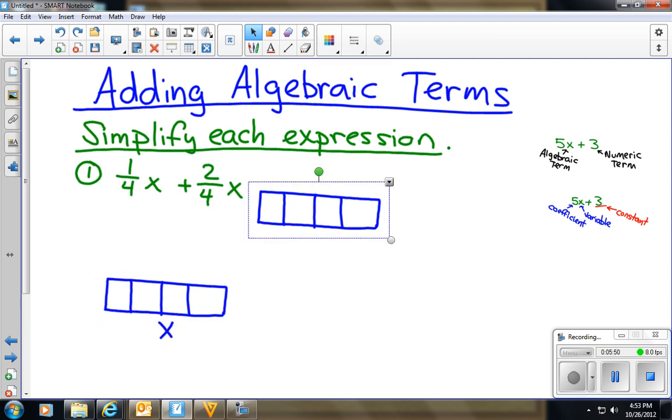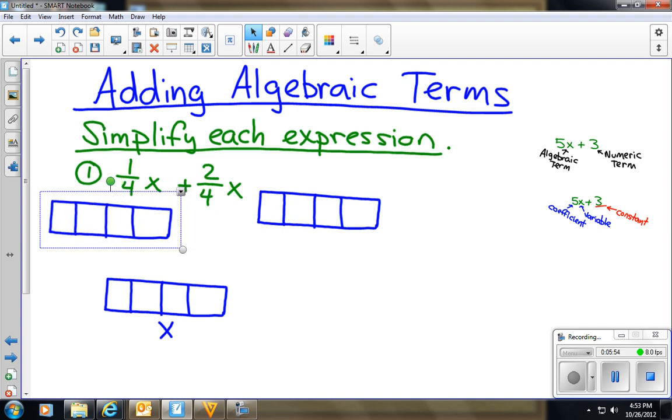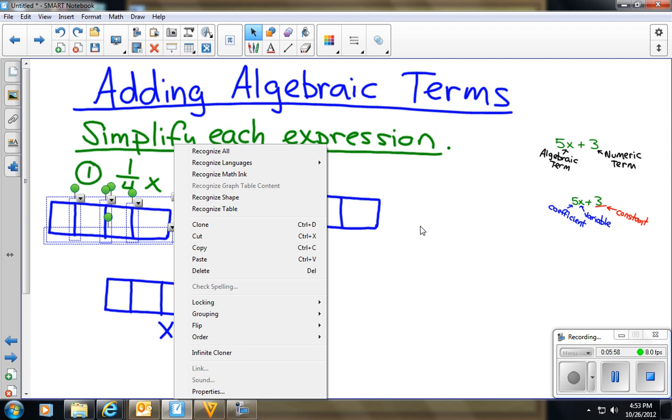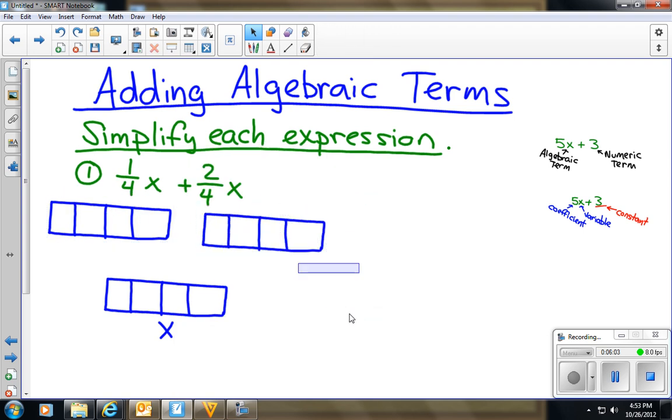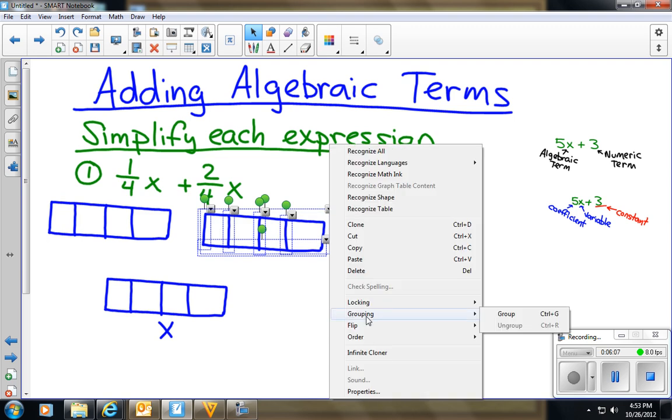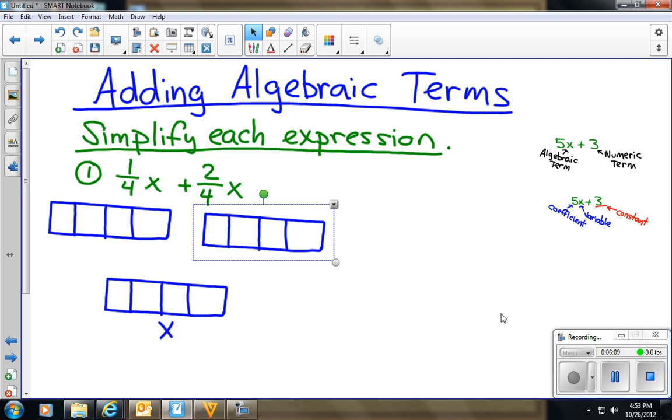Now, if I take these two bars, right here and right here, all right, if I take my two bars here, I will say that the first bar is worth 1/4. So what part of x is this?